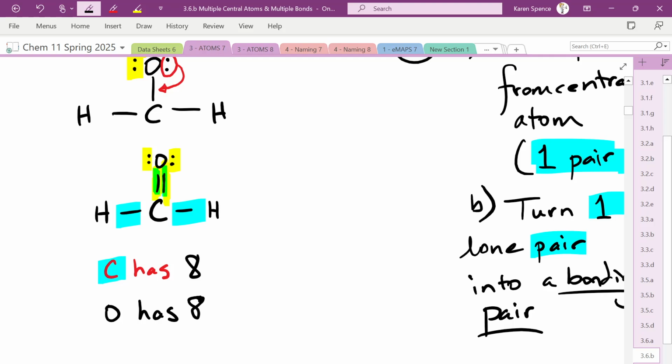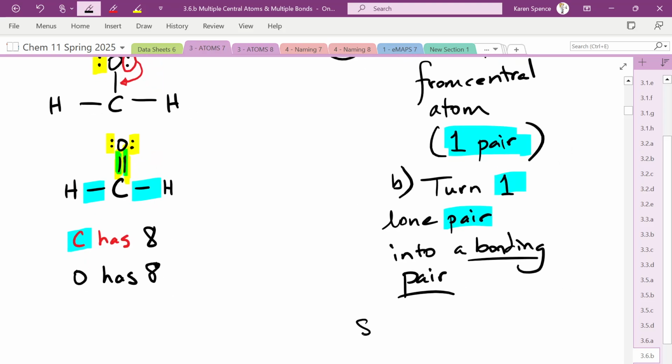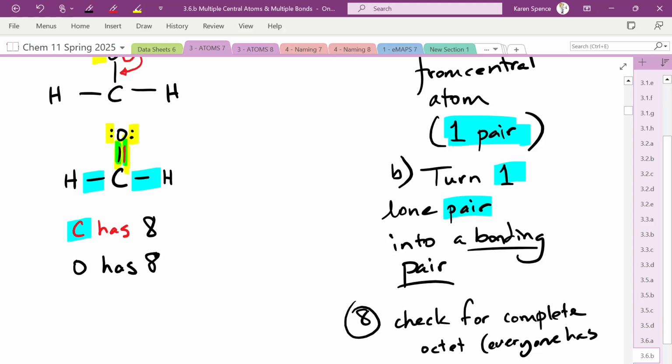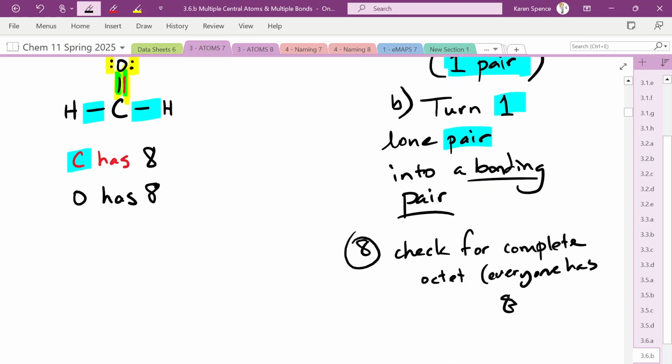Okay, so step 8, you're always going to get to step 8. Check for complete octets. What's a complete octet? It just means that everyone has 8 electrons. Except who?